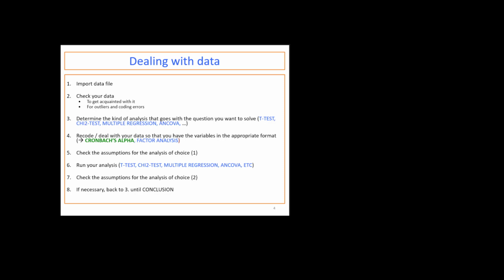And that is because depending on the output of the Cronbach's alpha, you might adjust your scale. And that scale, that variable, you need that for your analysis. And if you have the wrong measurement, it's logical that you will draw a wrong conclusion from the data, from the outputs of your statistical analysis.